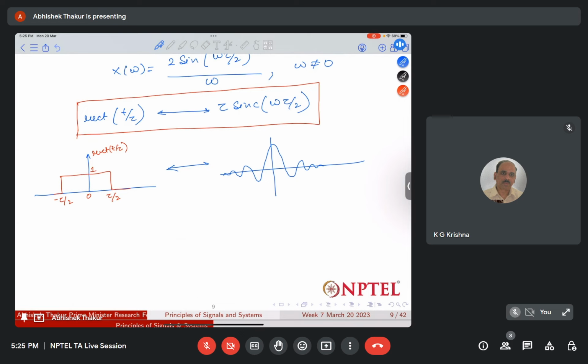Here the magnitude will be tau, and the points where the value is 0 will be at pi tau by 2, and again every time at multiples of it, 2 pi tau by 2, then 3 pi tau by 2, like that, and minus pi tau by 2. So this is the way to find the Fourier transform of the rectangular pulse.